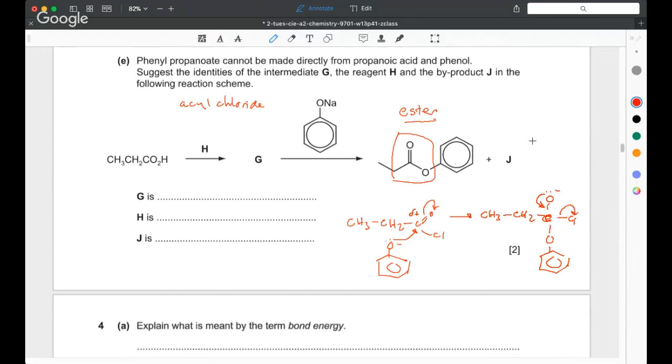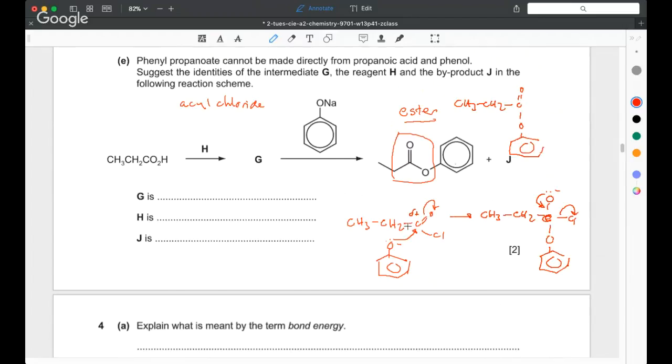And you end up then with the ester, which actually is this here. All right. So to make this ester, you reacted the phenoxide anion with this acyl chloride.